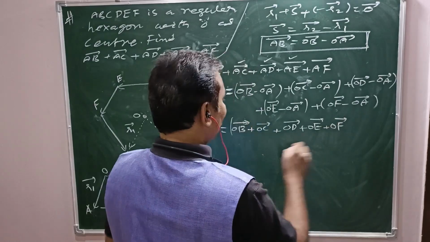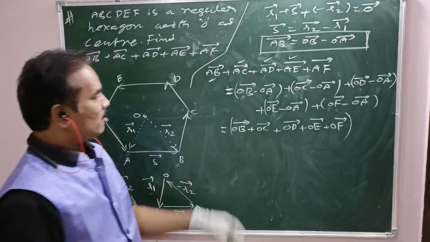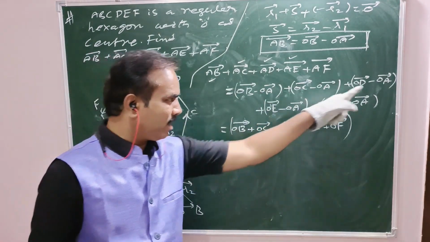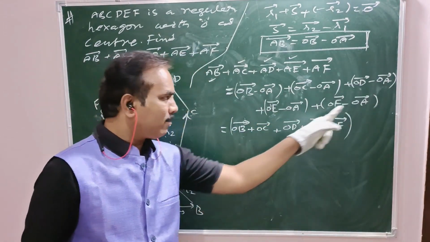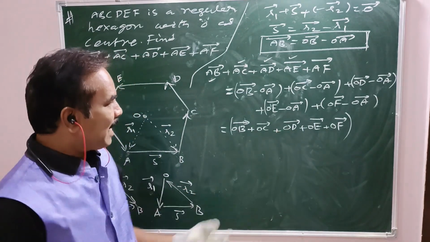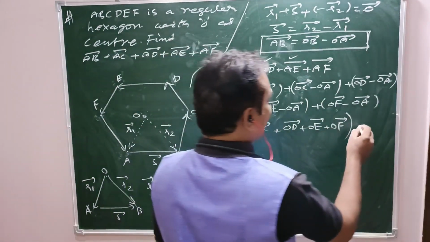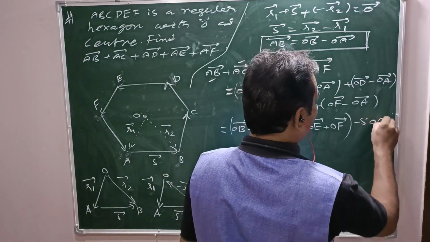This is one term, all positive terms. We are left with the negative terms, that is minus OA bar, five times: 1, 2, 3, 4, 5. That is minus 5 times OA bar.